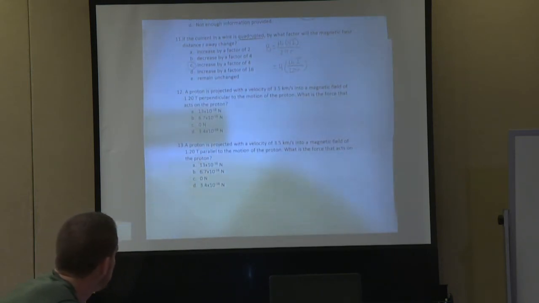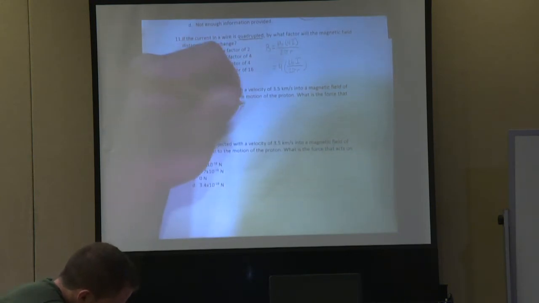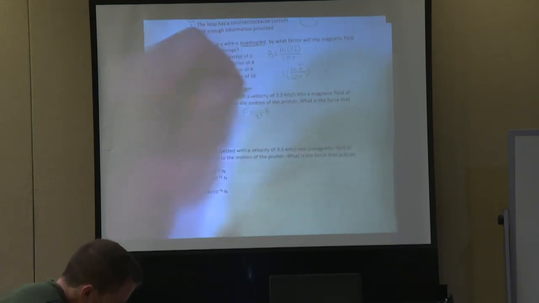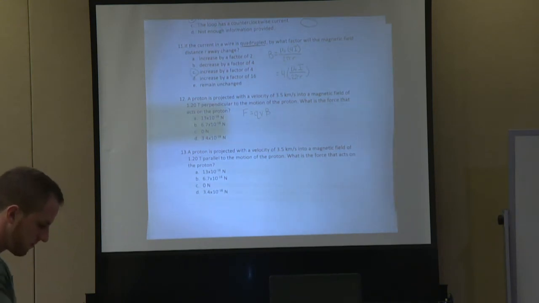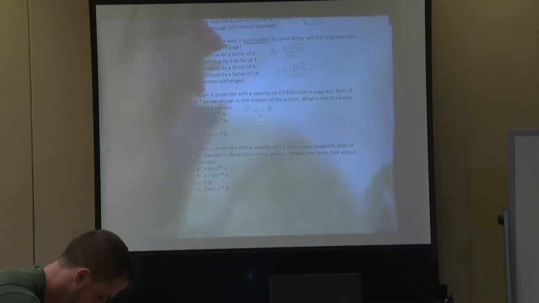Number 12, a proton is projected with a velocity of 3.5 kilometers a second into a magnetic field of 1.2 Teslas perpendicular to the motion of the proton. What is the force that acts on the proton? So, we are going to use the equation F equals q v B. Give you guys a little visual.